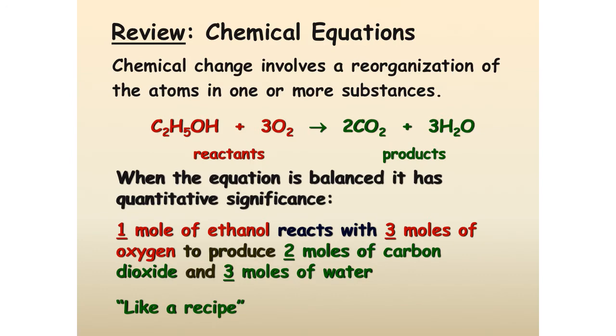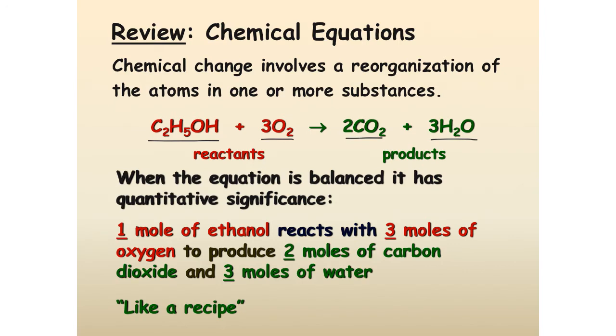From the equation, you can see that we started with ethanol and oxygen gas, and then we produced two new products, carbon dioxide and water. So this is a chemical change because we formed new substances and the atoms rearranged. We have different things connected to different things. So bonds were broken, bonds were formed.